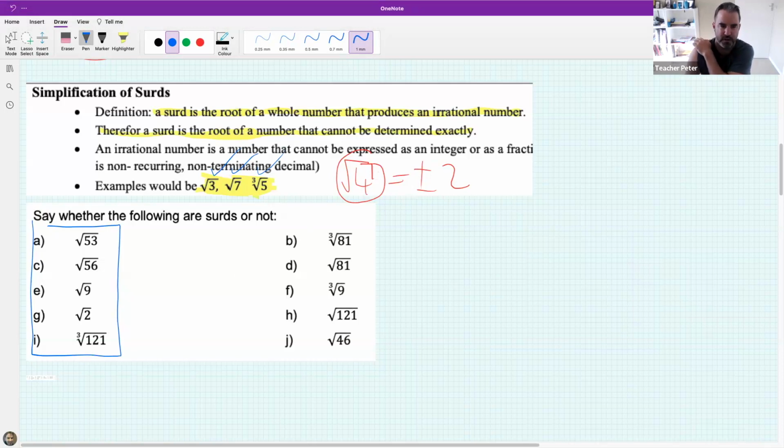So is square root 53 a surd or not? Yes or no?